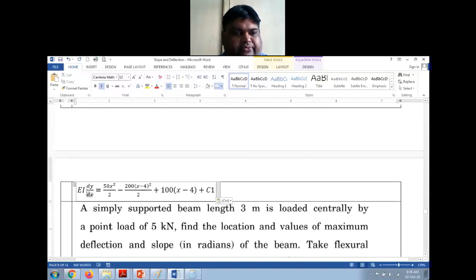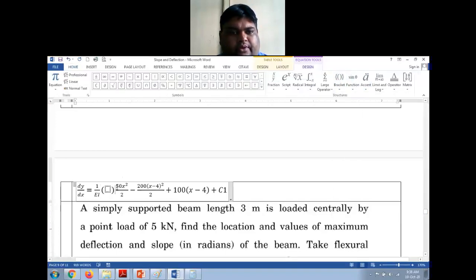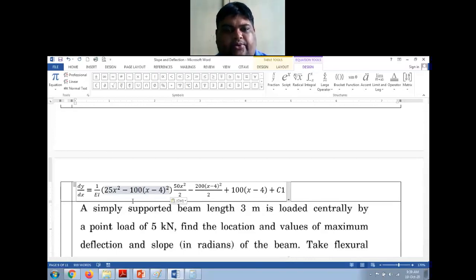So I'll remove EI from here. dy by dx is equal to 1 by EI into 50x square will become 50 by 2, so it will become 25 x square minus 200 by 2, so it will be minus 100 into x minus 4 whole square, right, plus 100 into x minus 4.